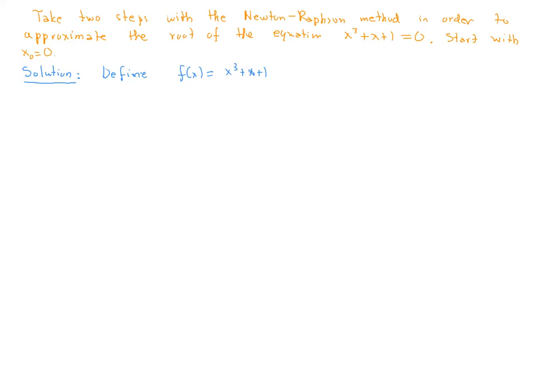So the formula now will be slightly different than it was before, but we can still find the general formula. So we can write that xn plus 1 is going to be xn minus f of xn over f prime of xn. And one more step, xn minus xn cubed plus xn plus 1 over 3xn squared plus 1.